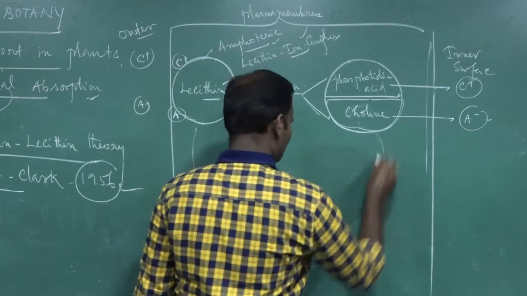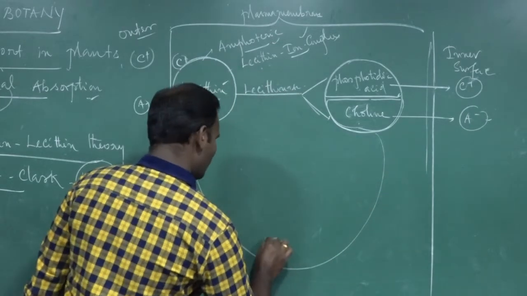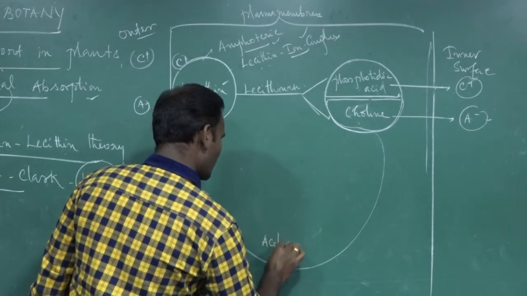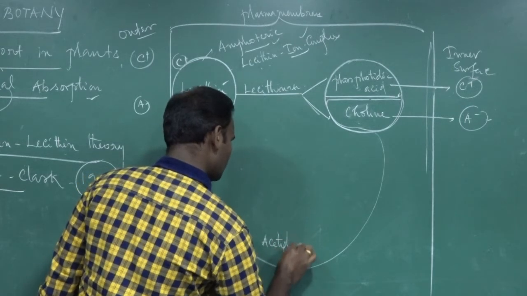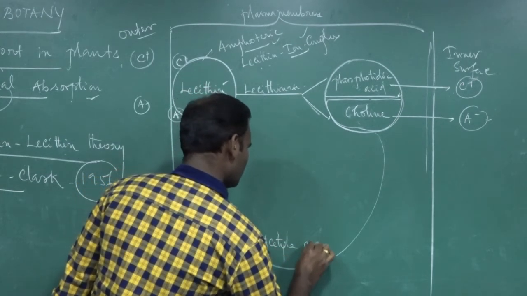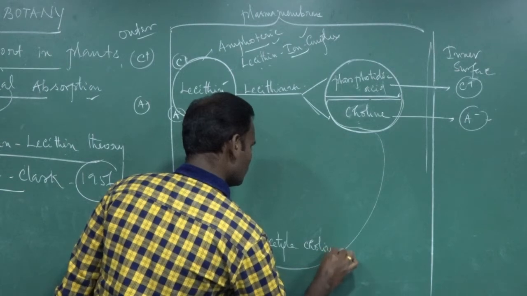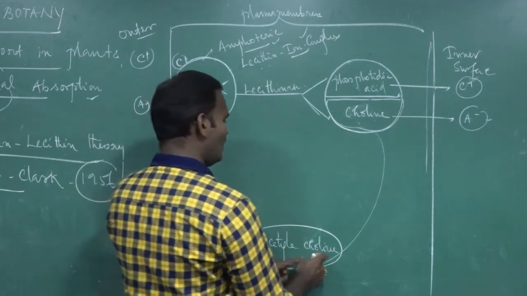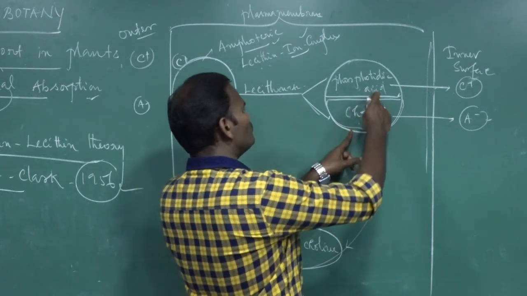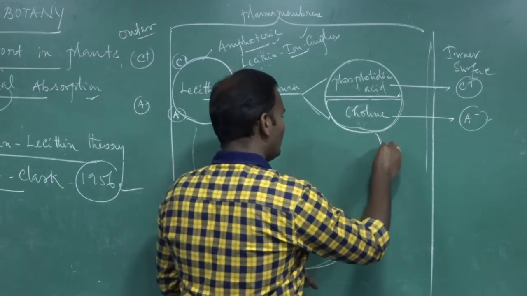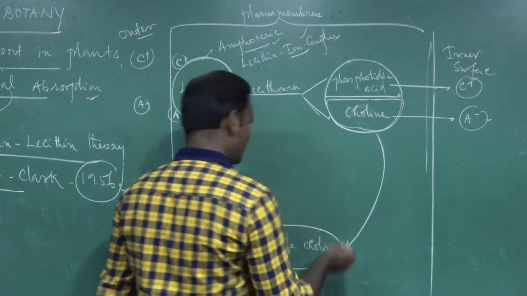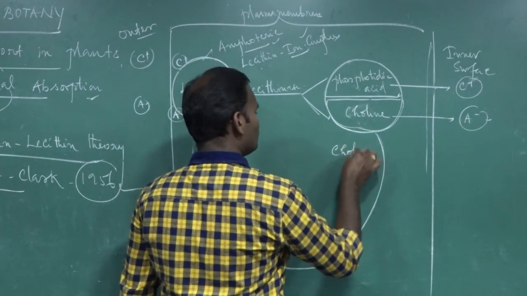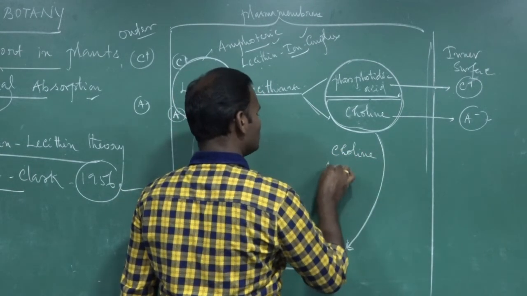In the first step, actually, is the formation of acetylcholine from the phosphatidic acid and choline by the enzyme called choline acetylase.